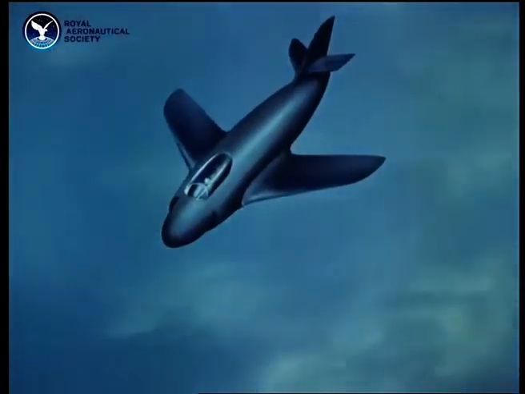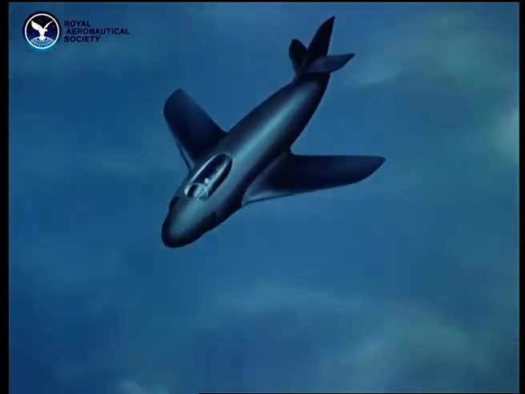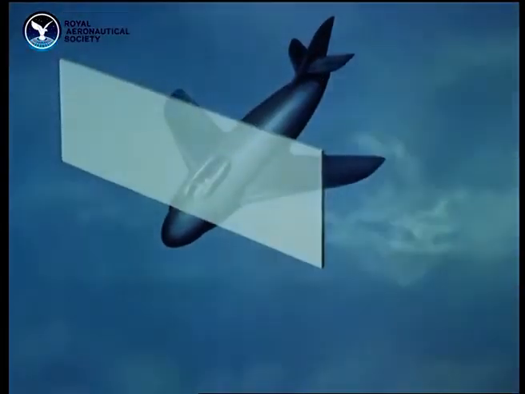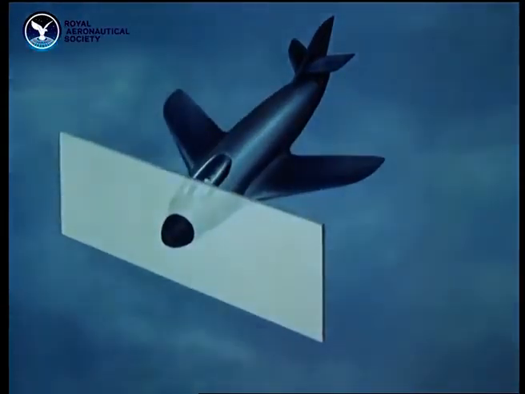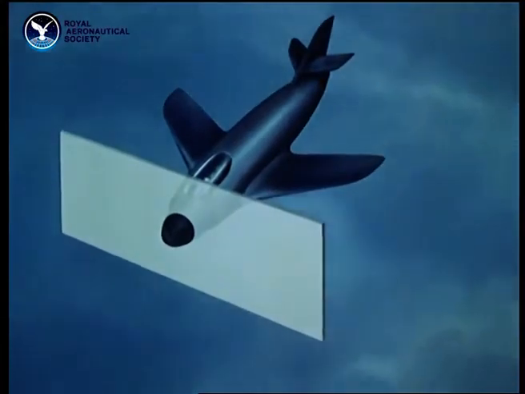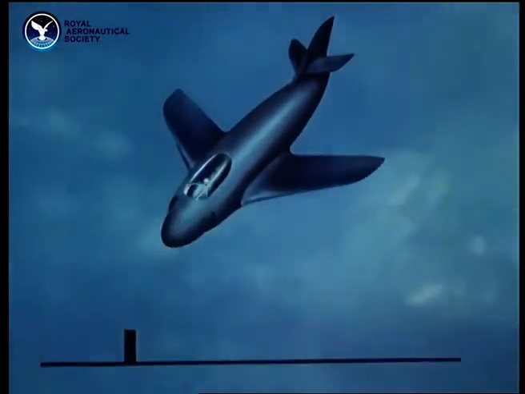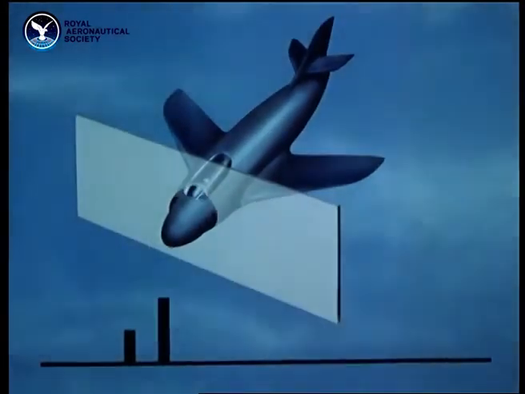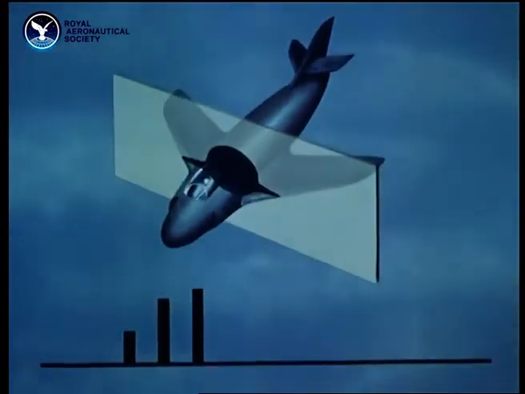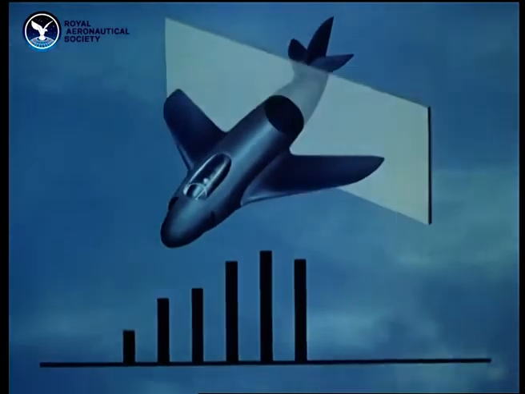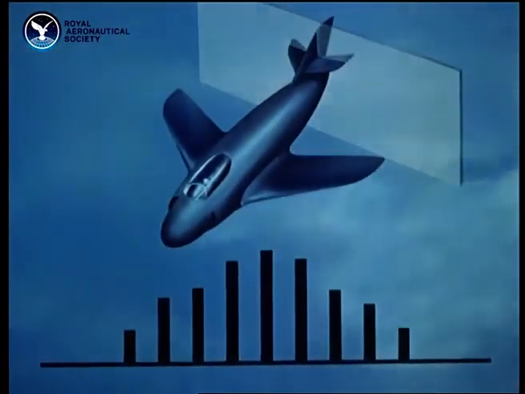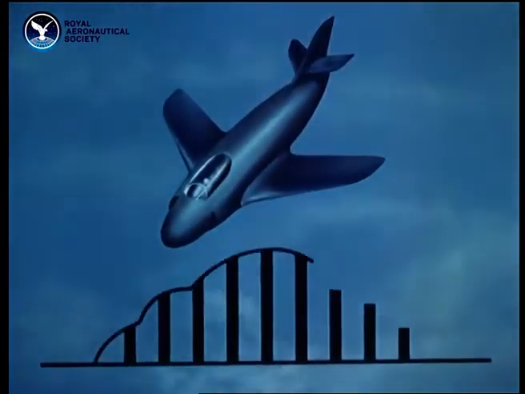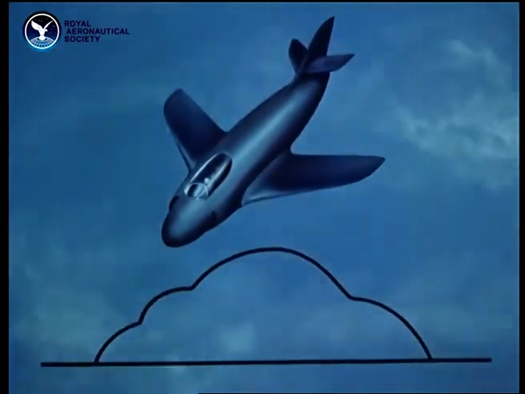Consider this aircraft. Take a section through it at right angles to its axis. Represent the cross-section on a graph. Do this at points all along the axis. The resulting curve is irregular.